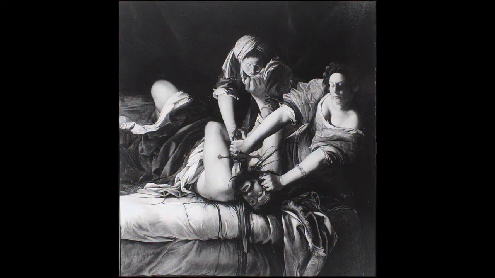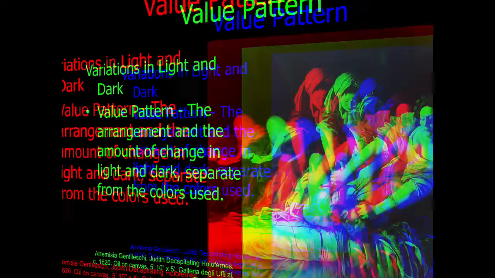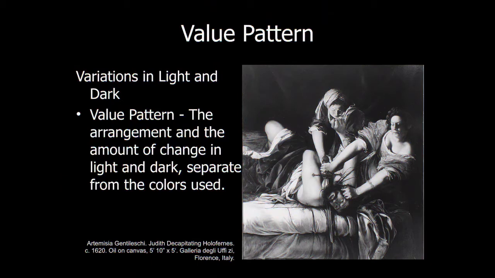The darks are usually very, very dark, almost a black. On the other side, the very light areas are almost just a white. So the artist paints and adds value to give the shape volume. And this work is called Judith Decapitating Holofernes, a very famous scene in the Old Testament.